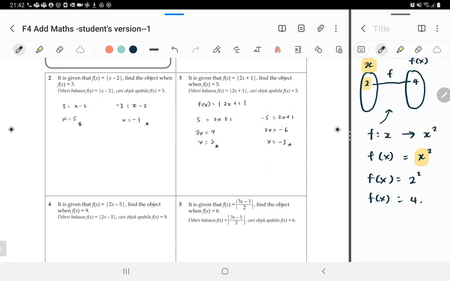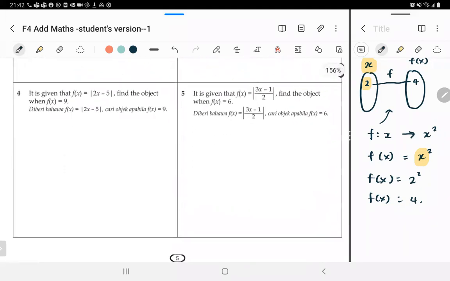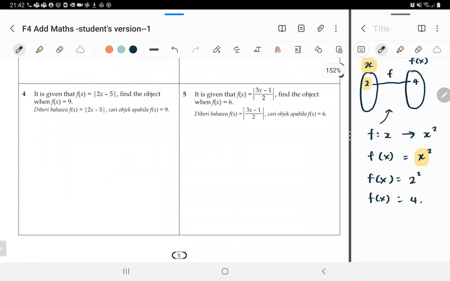Okay, I move it up, make it bigger. 7, negative 2.